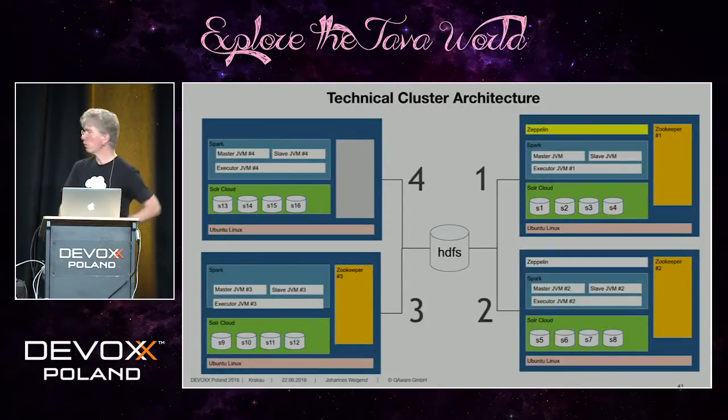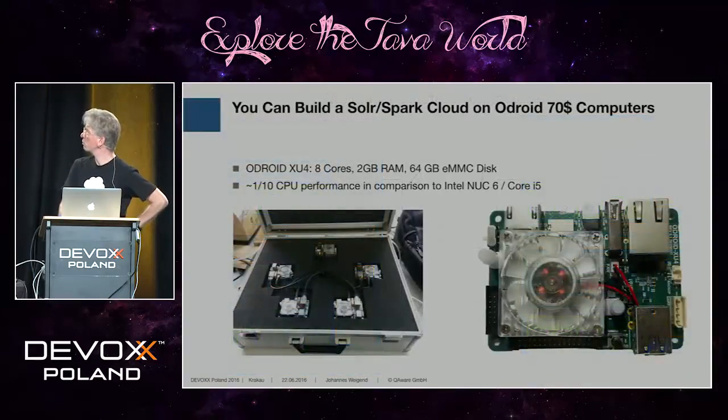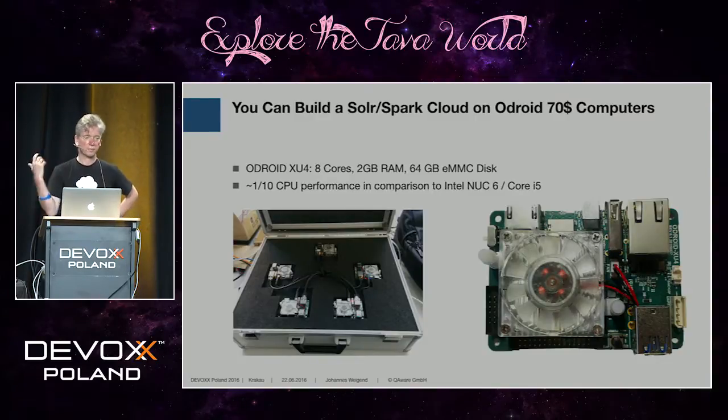And this is the technical architecture of how this actually works with Solr Cloud and Spark on 4 nodes. And you can build such a thing even cheaper with $60 Odroid computers.